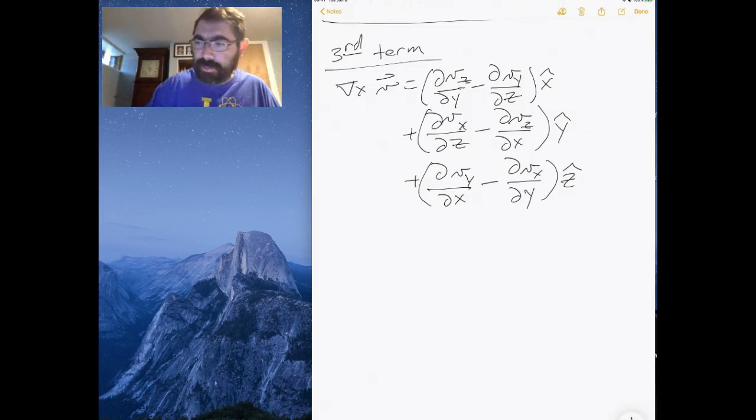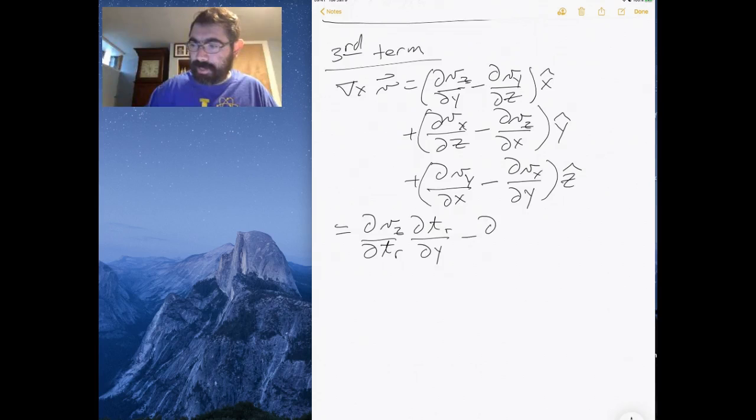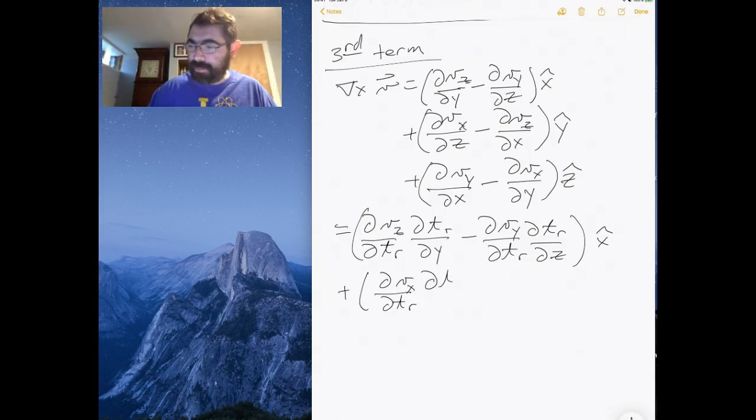So what we get is dvz/dt times dtr/dy minus dvy/dt times dtr/dz in the x direction, plus dvx/dt times dtr/dz minus dvz/dt times dtr/dx in the y direction.